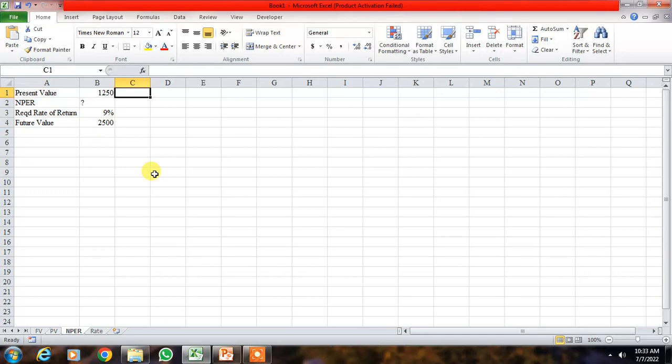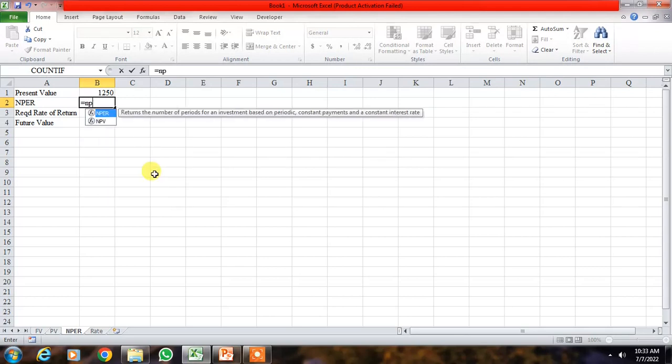So I have already entered the data. Today we are investing 1250. The target is 2500 at the rate of 9%. So how much time period will it take? The formula for this is equal NPER. It stands for the number of periods.